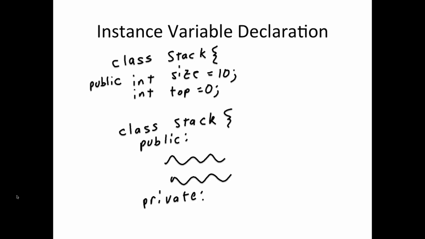The third thing that you can do with an instance variable is you could declare it static. So we might decide to have some constant for a stack, let's say max size.